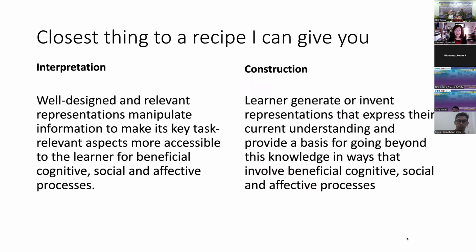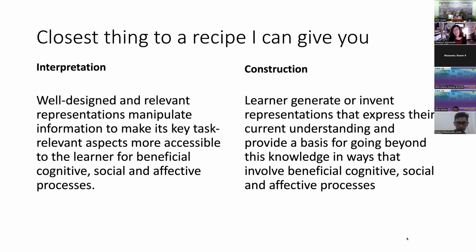And I would say the closest thing to a recipe I can give you is pick a representation, if you are giving it to learners to interpret, that makes its key task relevant aspects more accessible to the learner. Because learners come with cognitive, social, and affective processes, and we want to design a representation that allows them to use that.